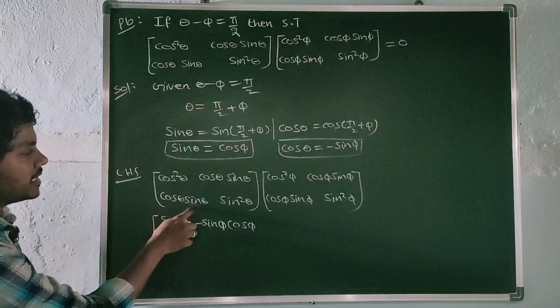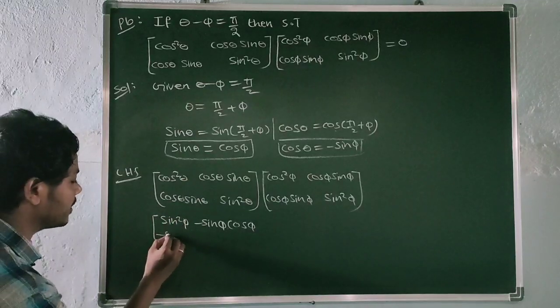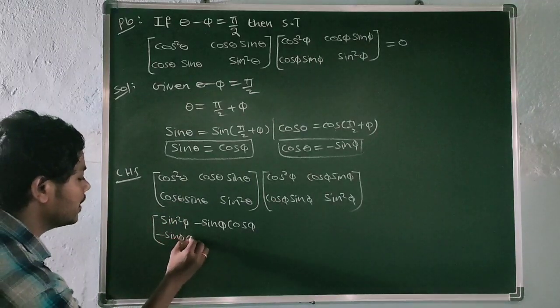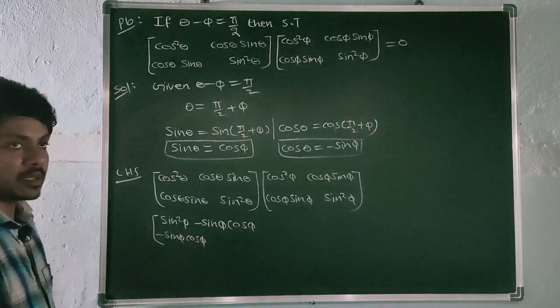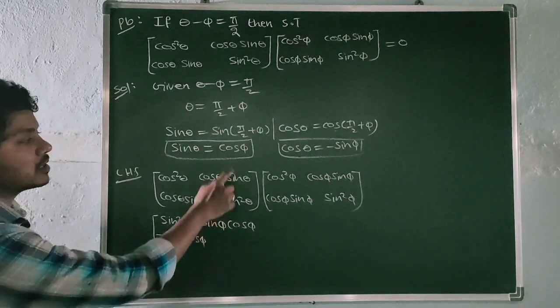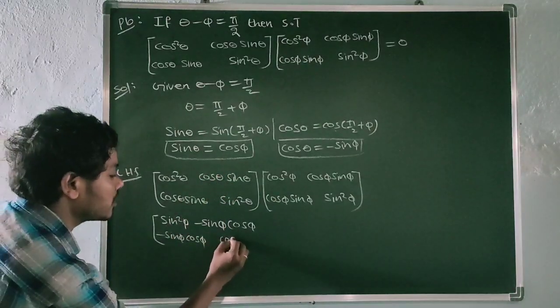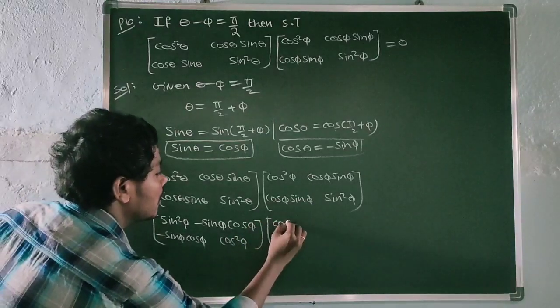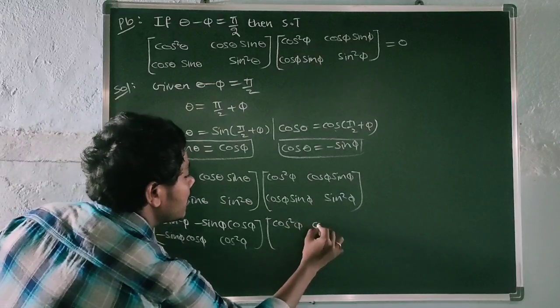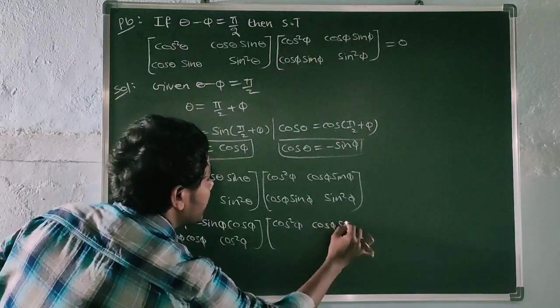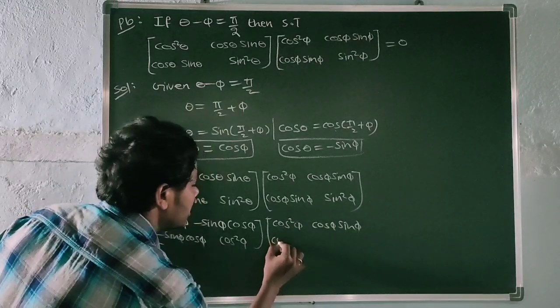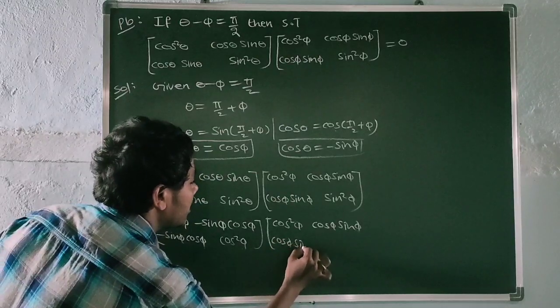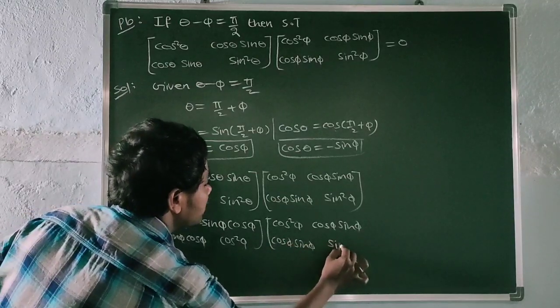Now again cos theta sin theta. So again we will get minus sin phi cos phi and sin square theta. So what is that? Cos square phi. So into cos square phi, cos phi sin phi. So here also cos phi sin phi, sin square phi.